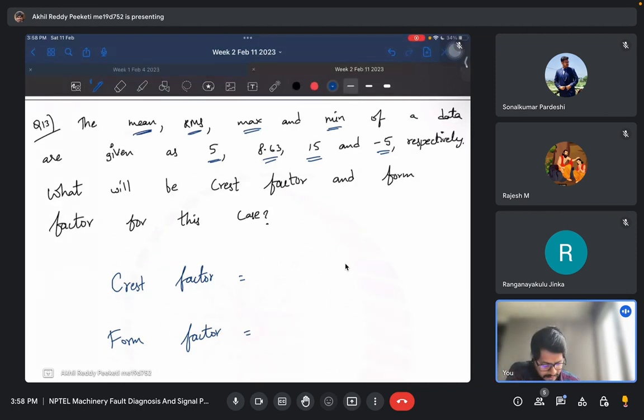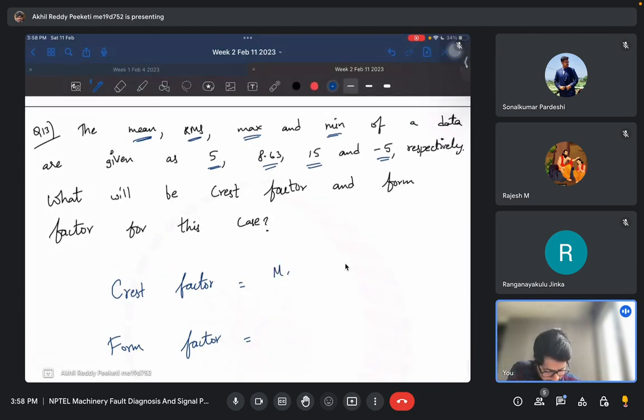The crest factor, which we have seen earlier, is maximum by RMS, and the form factor is RMS by mean, right? So the crest factor now would be maximum, which is 15, by RMS, which is 8.63, and the form factor would be RMS by mean.